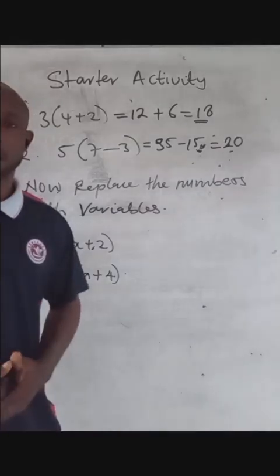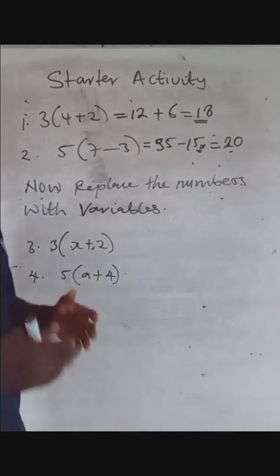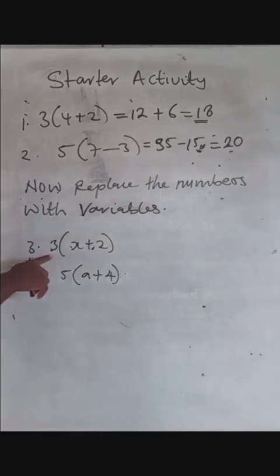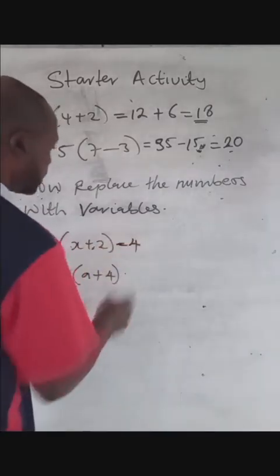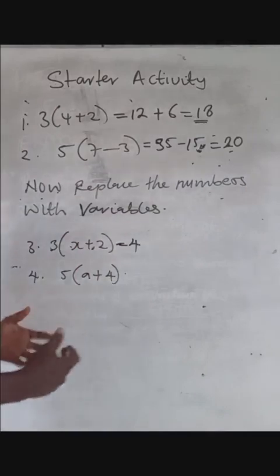Now, in the next exercise, we are going to replace the numbers outside the bracket with variables. In question number 3, 3 is multiplying x plus 2, and in question number 4, 5 is multiplying a plus 4. Remember that the number outside the bracket is multiplying each term inside the bracket.